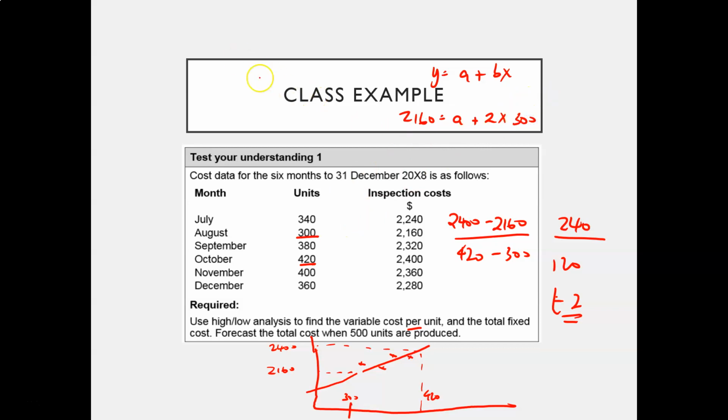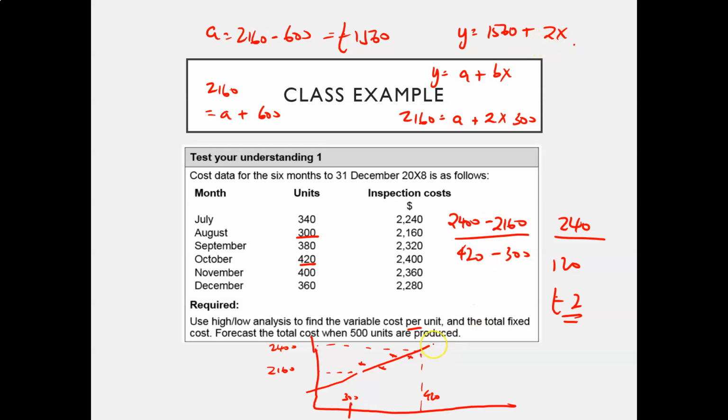So 2,160 is equal to A plus 600, and therefore A is equal to 2,160 minus 600, and that leaves us at 1,560. So that's the total fixed cost. Now I have my equation very clear: y is equal to 1,560 plus 2x.